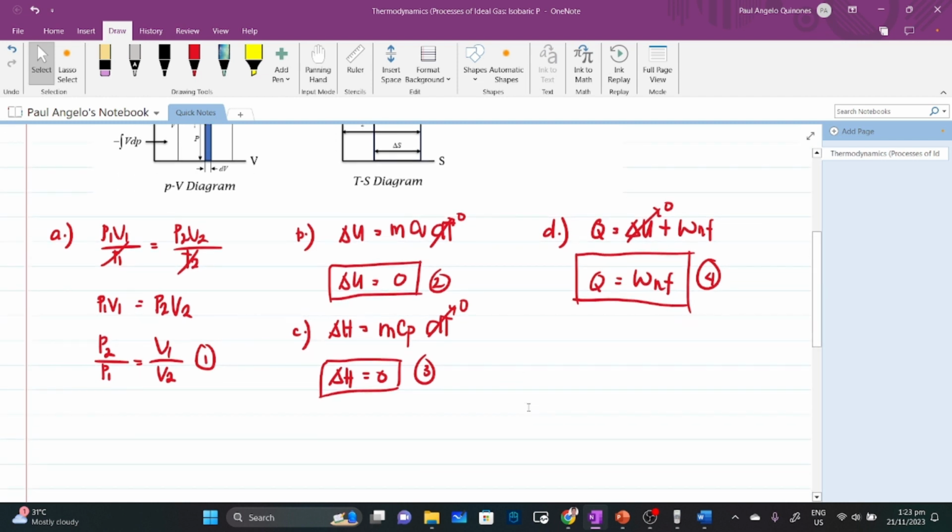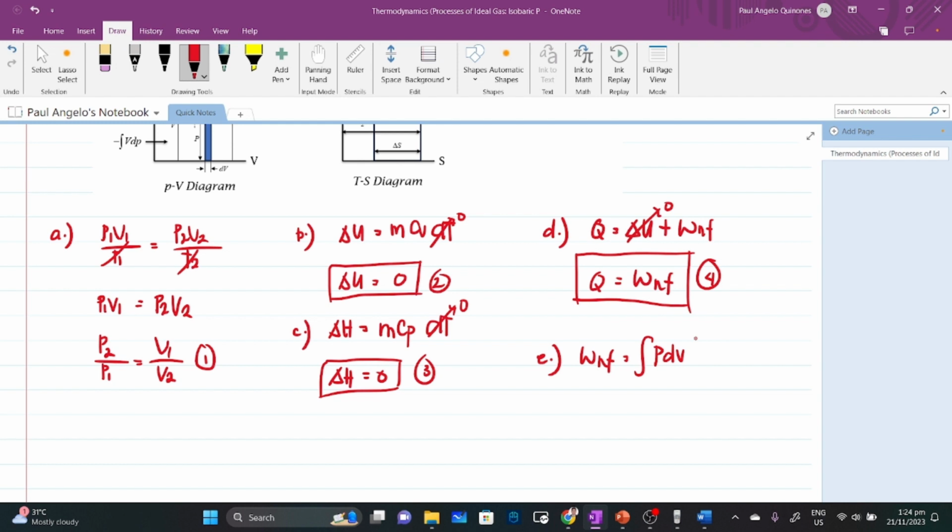Next, for letter E, let's start with the non-flow work. This is the integral of P dV.